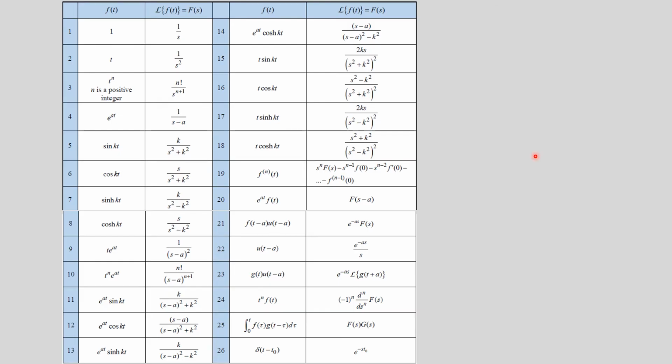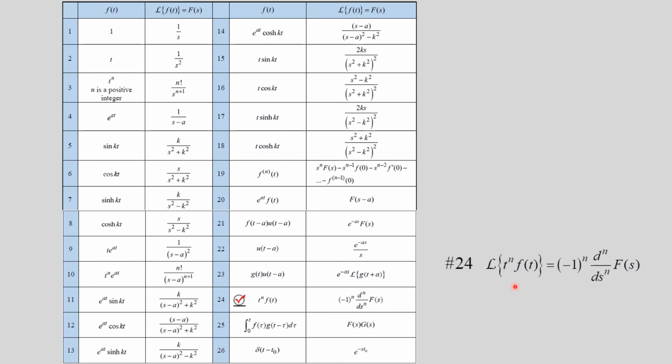Let us refer to the table of Laplace transforms and search for the formula on the derivatives of transforms that we have just discussed. The formula is found at row number 24. The Laplace transform of t to the power of n f of t is equal to negative 1 to the power of n, the nth derivative of F(s) with respect to s.